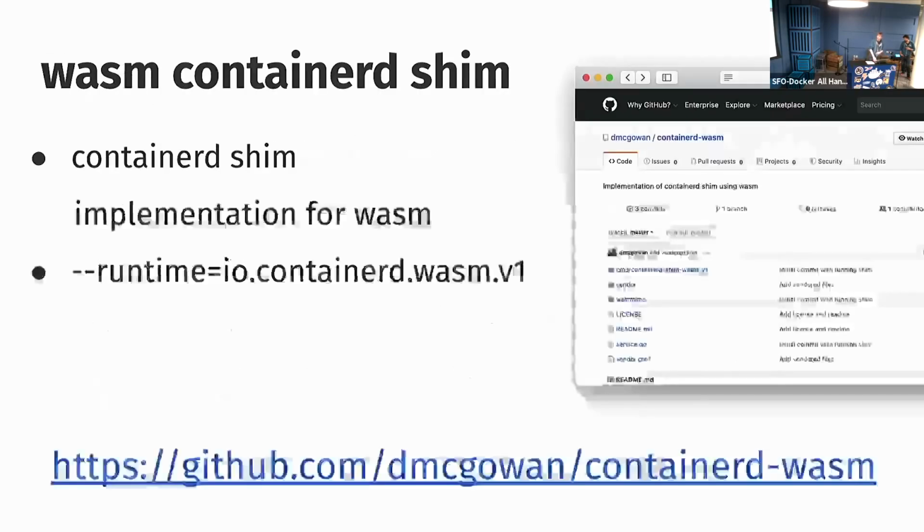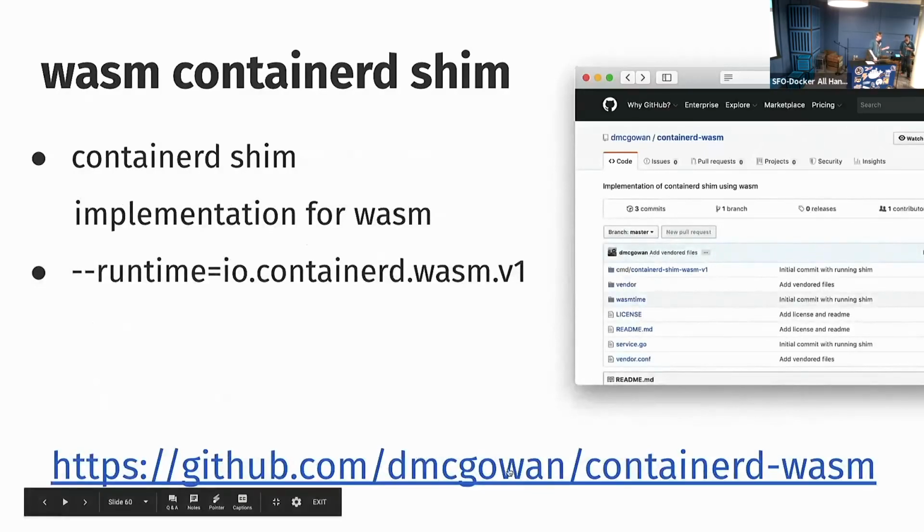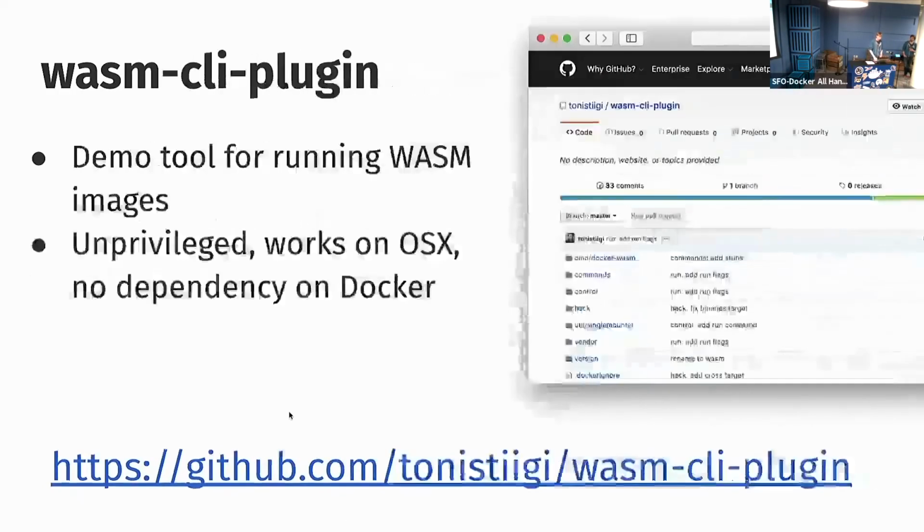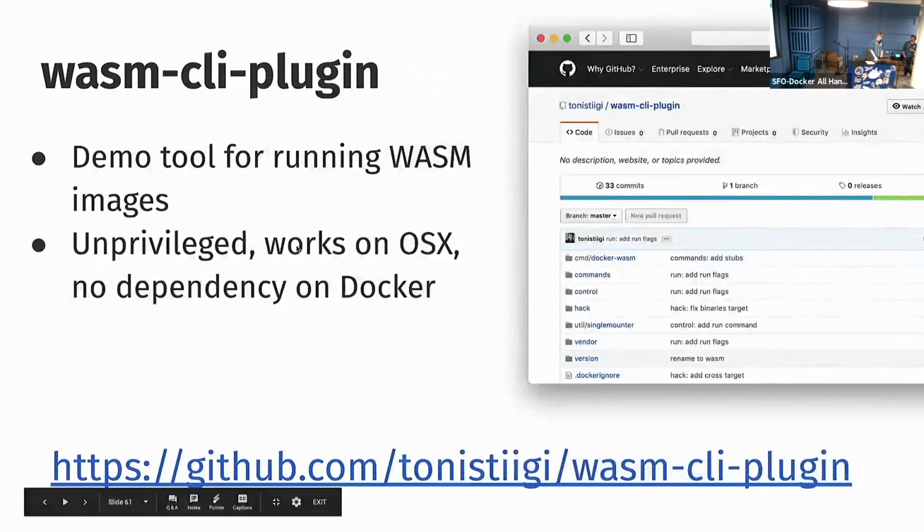And for the run part, like I mentioned before, there's this container shim project now next to Derek that you can find at this URL. So if you compile this, you can use it with containerd to run those Wasm images today by specifying this runtime flag. And the plugin that I showed is at this address.